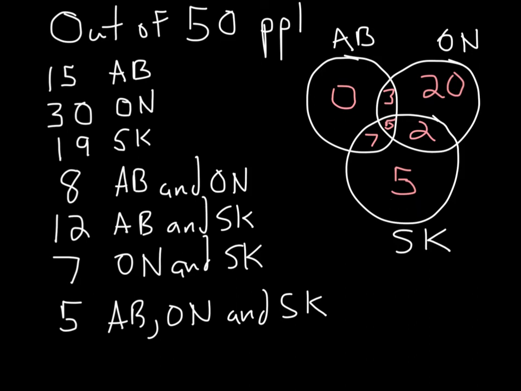So we have 42 people inside this Venn diagram. We surveyed 50 people. So where are the other 8 people? Well, those 8 people must not be in any set, so they must be outside. There are people who haven't been to either Alberta, Ontario, or Saskatchewan, so we can put a little 8 outside our diagram to say that there are 8 people who haven't been to any of these 3 provinces.